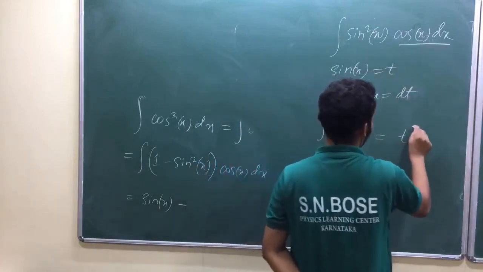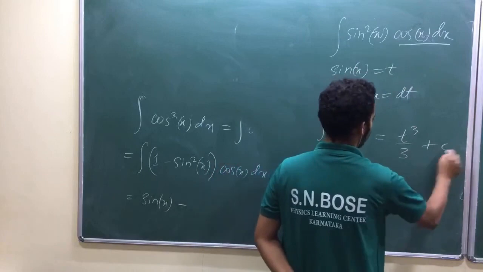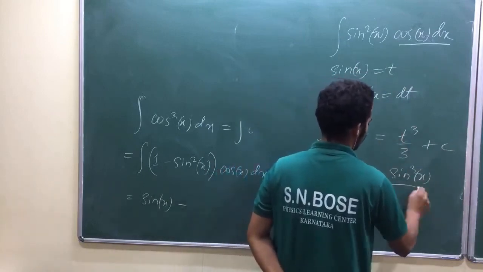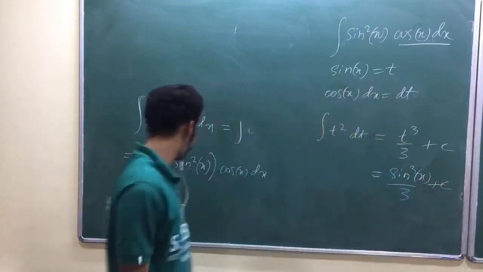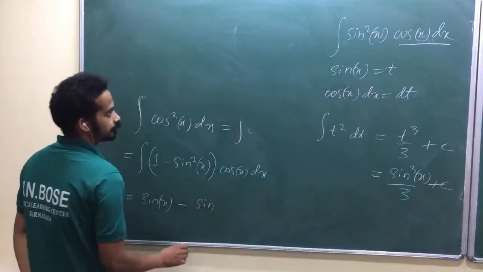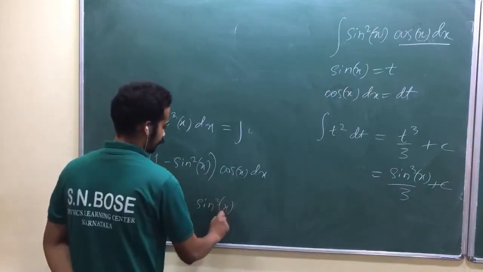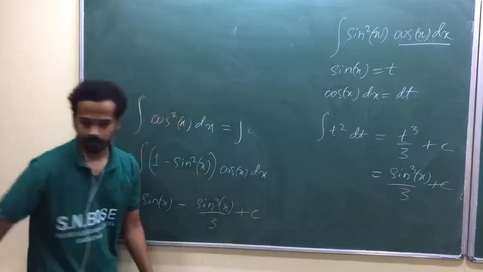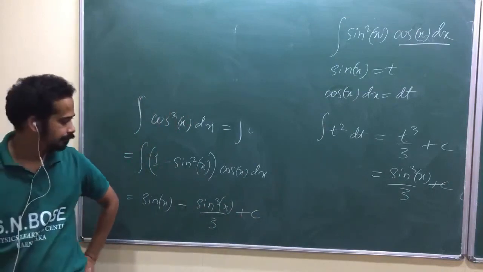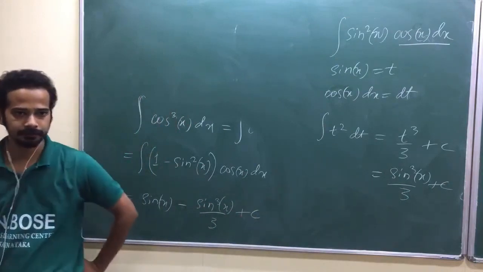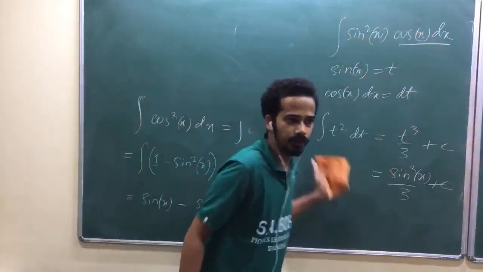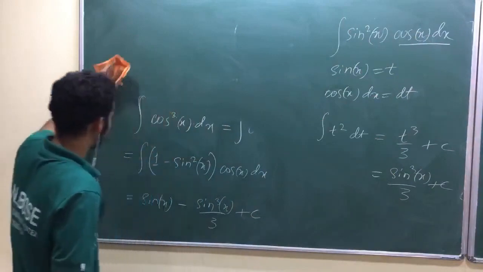That is nothing but t cube by 3 plus c. What is t? Sin cube x by 3 plus c. So the answer is sin x minus sin cube x by 3 plus c, isn't it? This is a kind of substitution. I hope you know some part.